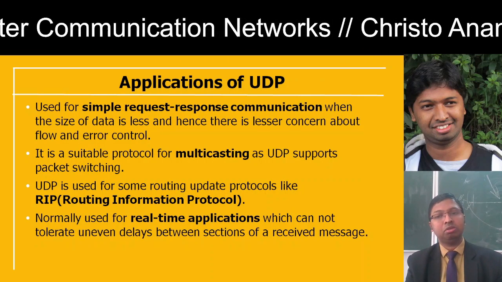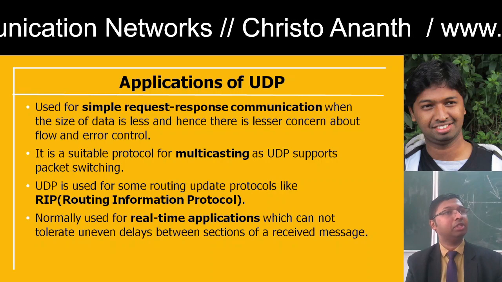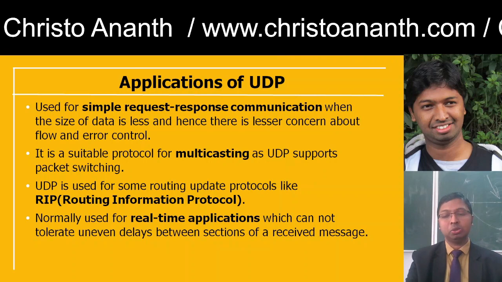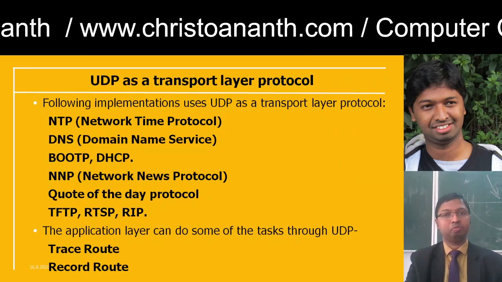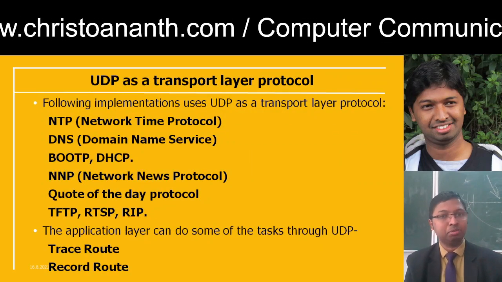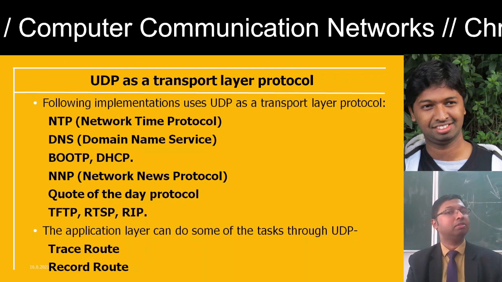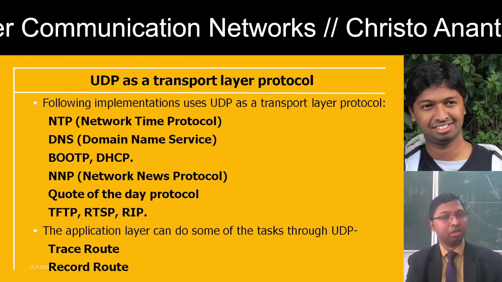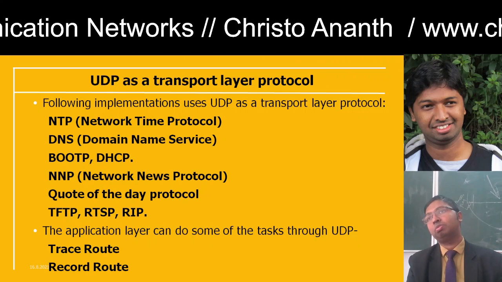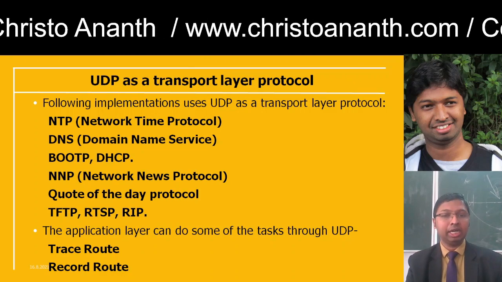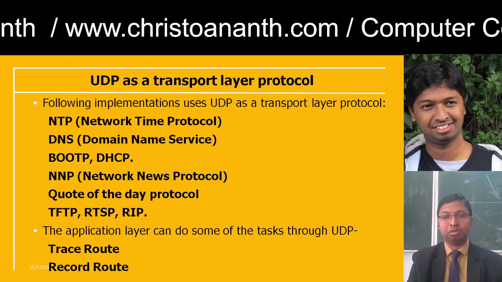For real-time applications that tolerate loss, for better efficiency, you can use the User Datagram Protocol as a transport layer protocol. Network Time Protocol, Domain Name Service, BOOTP, Dynamic Host Configuration Protocol, and Network News Protocol can use it, and also TFTP, RTSP, and Session Initiation Protocol.